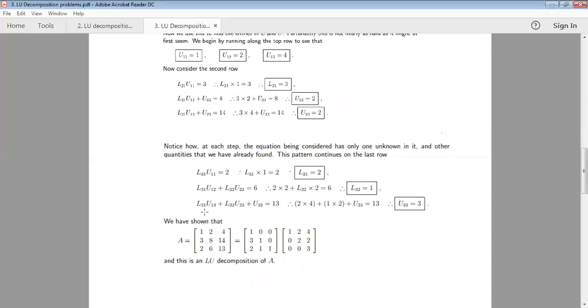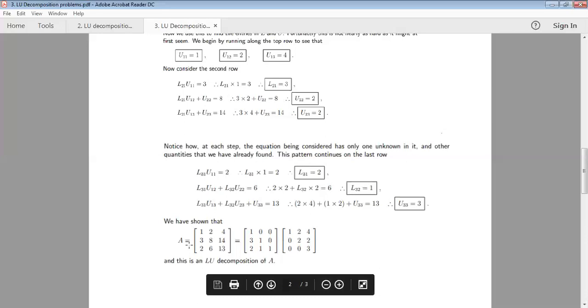Lastly, L31 U13 plus L32 U23 plus U33 equals 13. L31 value is 2, U13 value is 4, L32 value is 1. So 2 into 4 plus 1 into 2 plus U33 equals 13. Therefore, U33 equals 3.